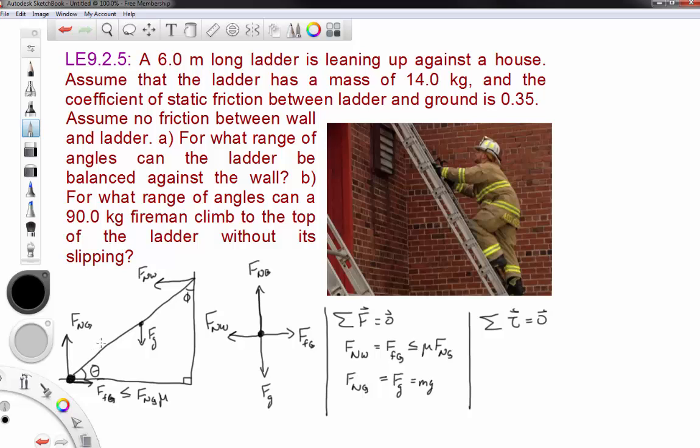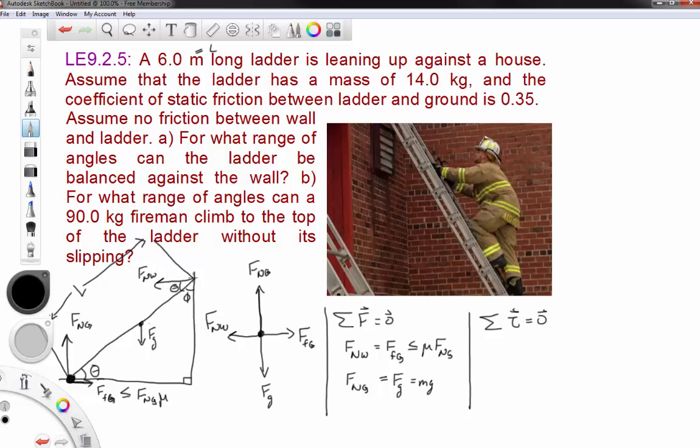I'm going to choose this to be my axis of rotation, and I am going to choose to call the length of the ladder L. So L represents the total length of the ladder. Basically, these two are acting at the axis of rotation, therefore they produce no torque on this ladder at this axis of rotation. So now we need to use the other two and see which direction their torques act in.